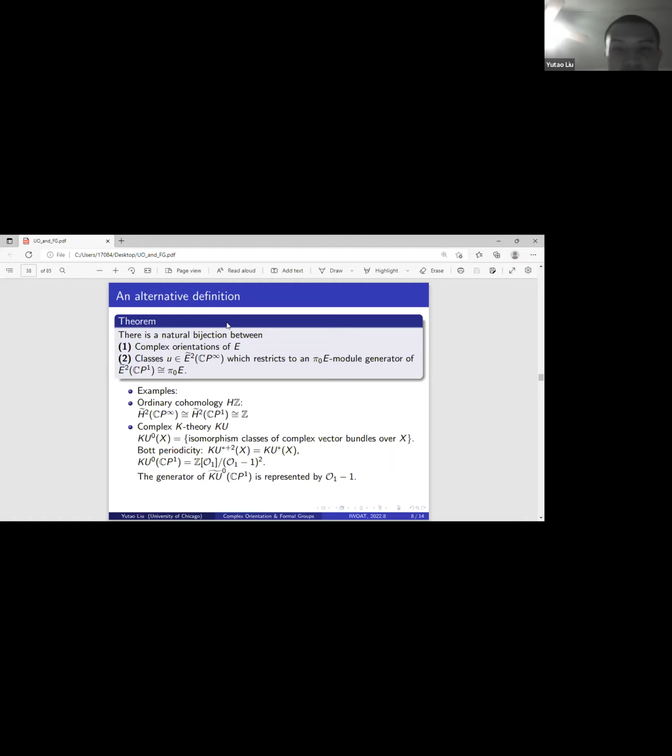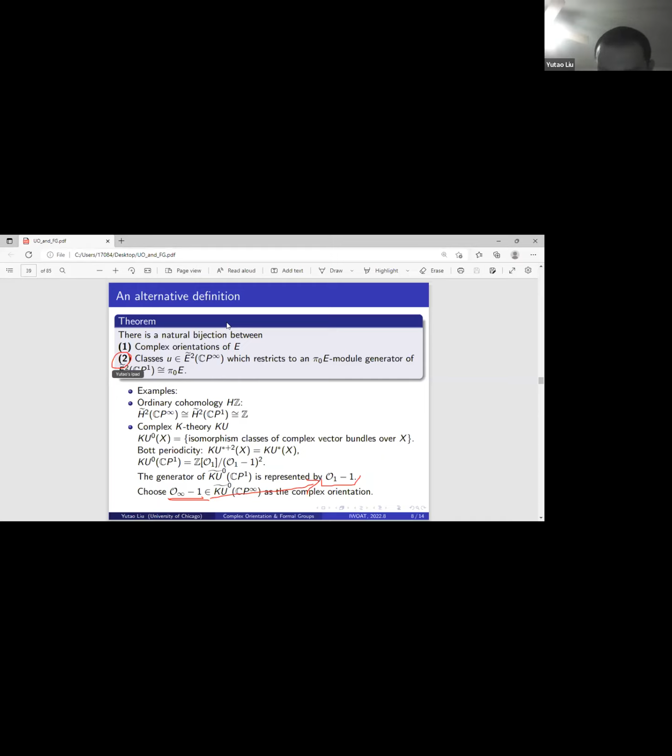So in order to find a complex orientation on KU, basically you want to find an element in the KU cohomology of CP infinity whose restriction is this tautological bundle minus 1. What you can do is just choose it to be the tautological bundle over CP infinity, which we denote by O infinity minus 1. Then if you consider the inclusion from CP1 to CP infinity, the restriction of this element will be O1 minus 1. In other words, it's a valid choice which satisfies condition 2.